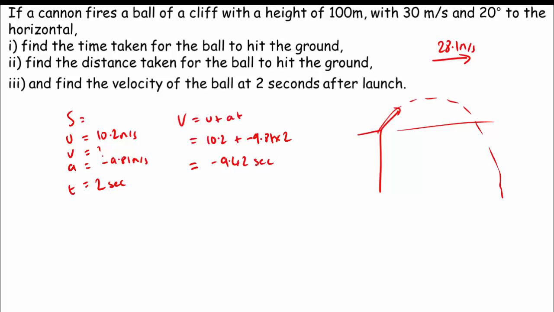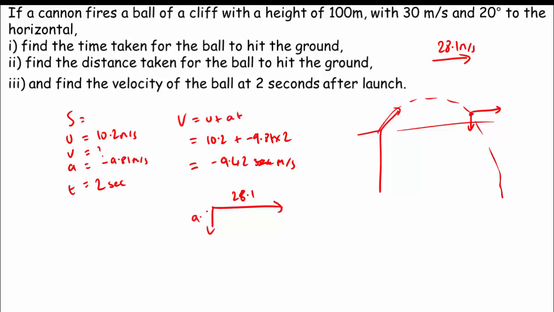Sorry, 9.42 meters per second. Now, since it left at 10.2, the ball is going to be just a little bit higher here. Its horizontal component of velocity is still going to be 28, and its vertical component of velocity is going to be 9.42.